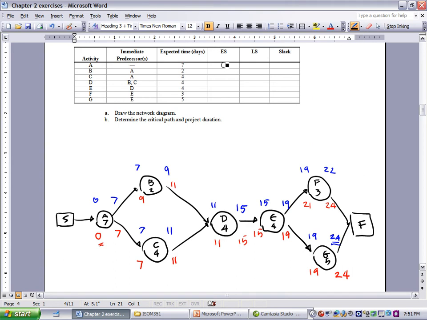So it's going to be 0, 0, 0, 7, 9, 2, 7, 7, 0, 11, 11, 0, 15, 15, 0, 19, 21, 2, 19, 19, 0.